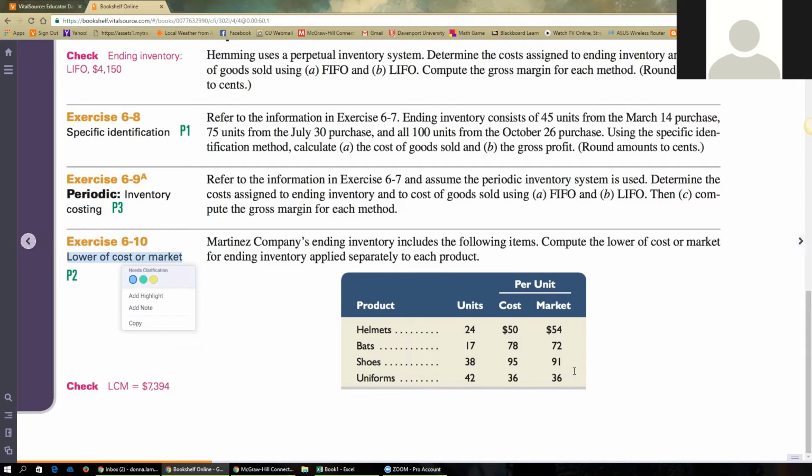Okay. So you go through and you'll actually do the multiplication. 24 times 50. Put that over here. 17 times 72 and put the number and so on. And then you'll come up with a grand total. The inventory should be this grand total, which is the lowest of each one. And what is that column called? Lower of cost or market, sometimes abbreviated LCM. Okay.